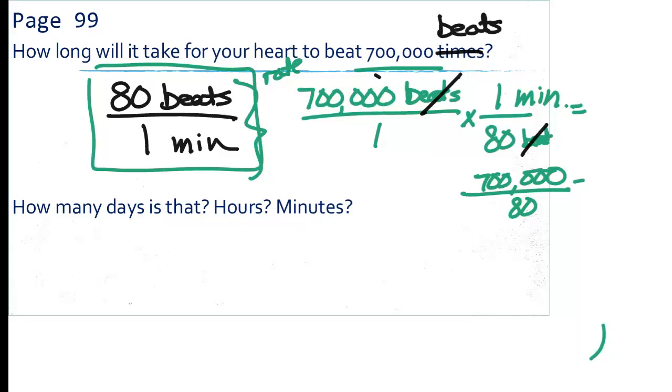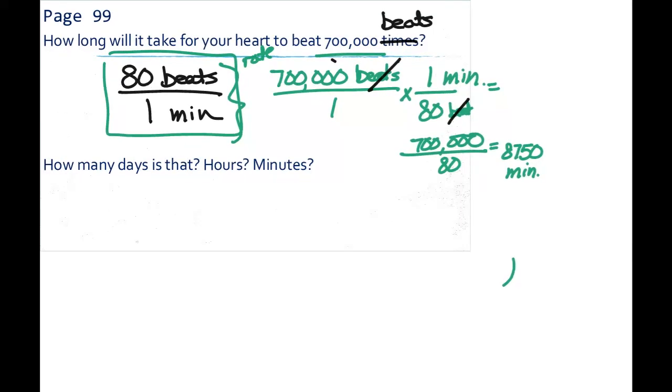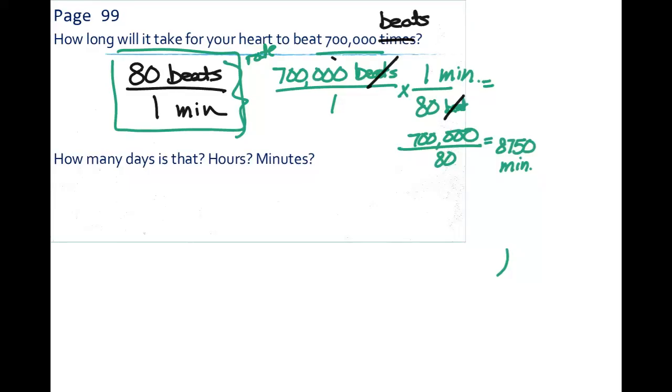And so we are left with 8,750. For me, 8,750 minutes. Okay. So that's 700,000 beats divided by 80 beats is 8,750 minutes. Exactly.